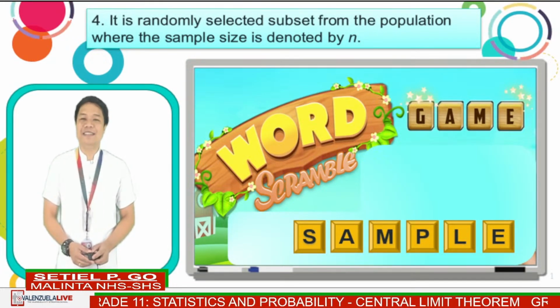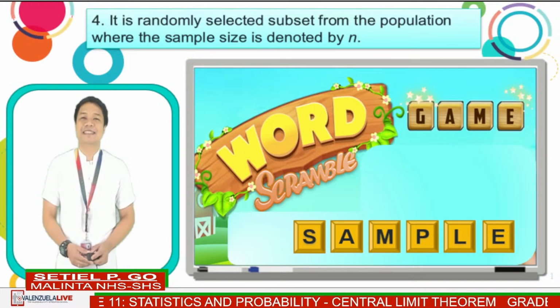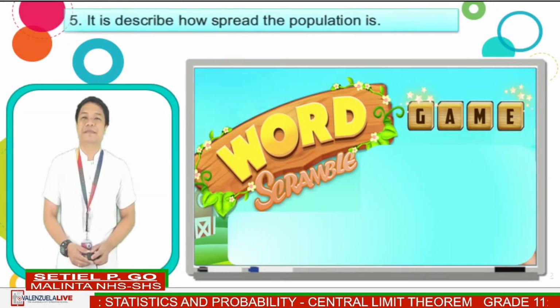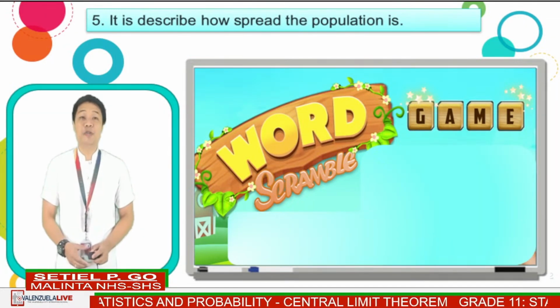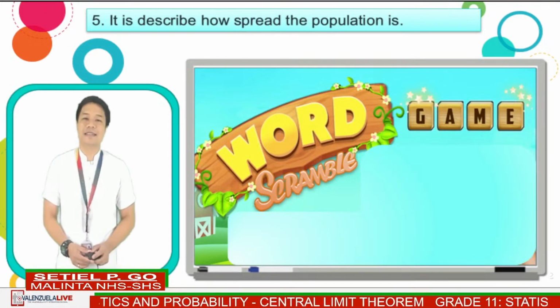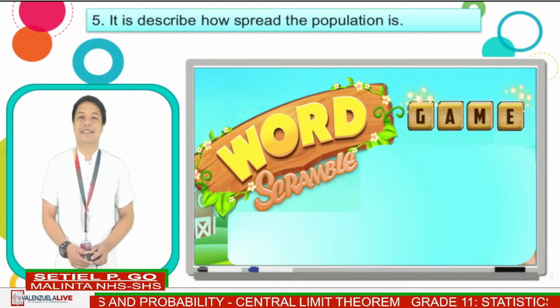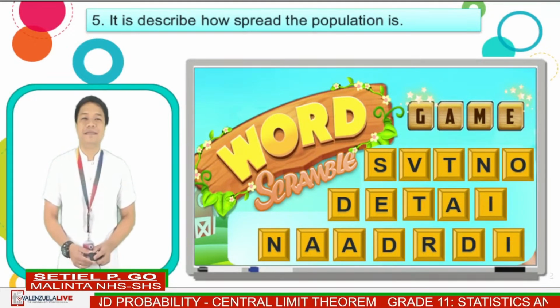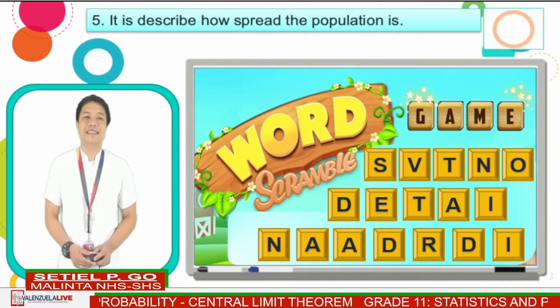Okay, so finally, statement number 5. It is described how spread the population is. These are the letters. 5 seconds. Go!